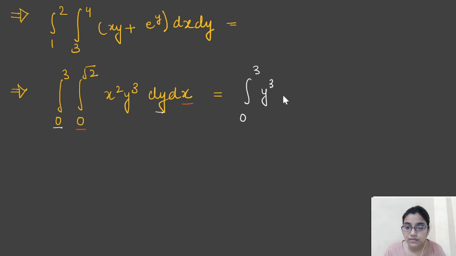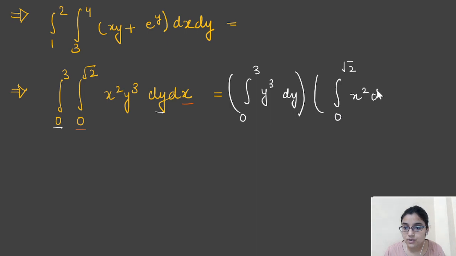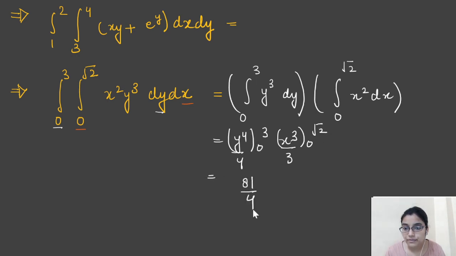This is going to be y cube dy, and next I will have from 0 to root 2, x square dx. Fine. So what it became: y raised to the power 4 by 4 from 0 to 3, then here I got x cube by 3 from 0 to root 2. So here I'll get 81 by 4, and here is root 2 cube, that is 2 root 2 by 3.